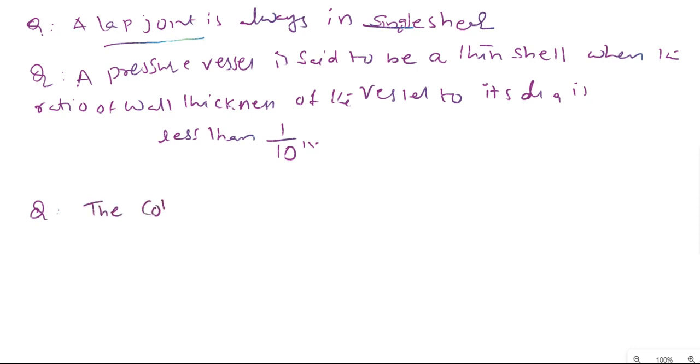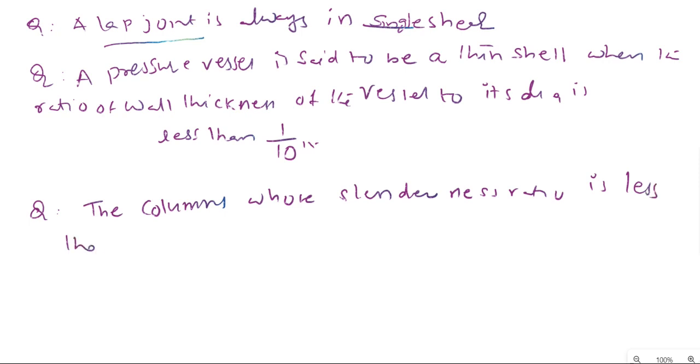And third question, regarding columns: the columns whose slenderness ratio is less than 80 are known as dash.